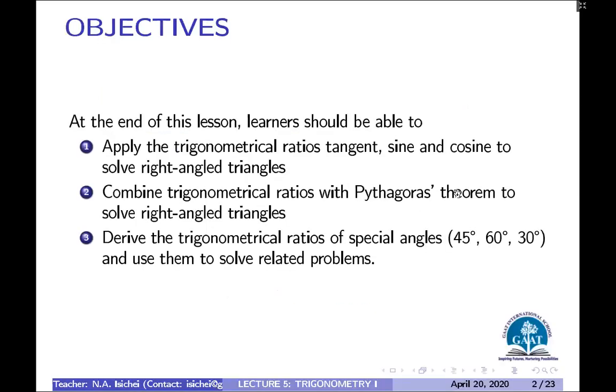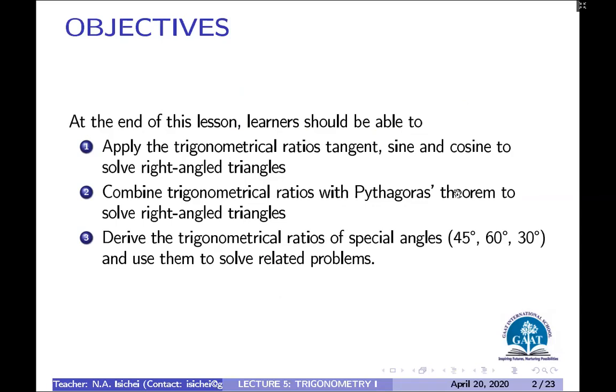So here are the objectives for the lesson. At the end of this lesson, learners should be able to: 1. Apply the trigonometrical ratios, that is tangent, sine, and cosine, to solve right-angled triangles. 2.